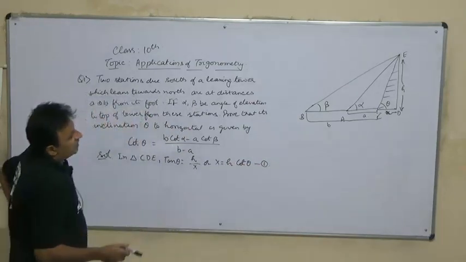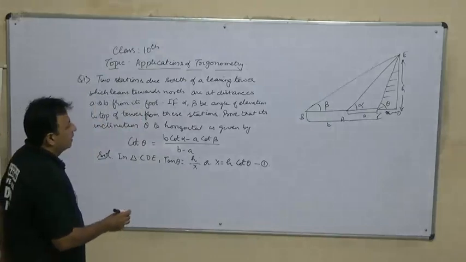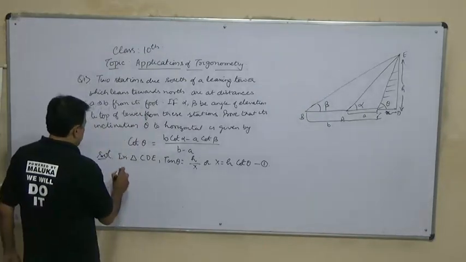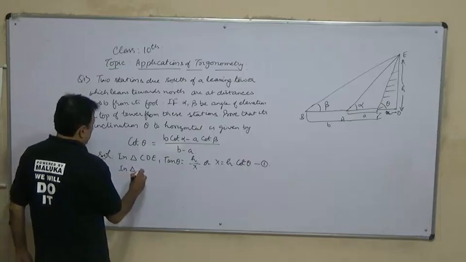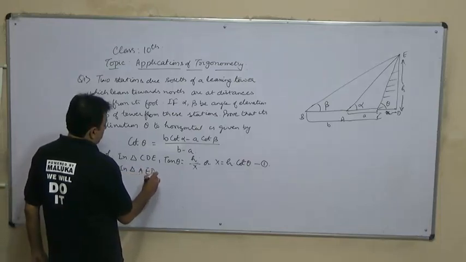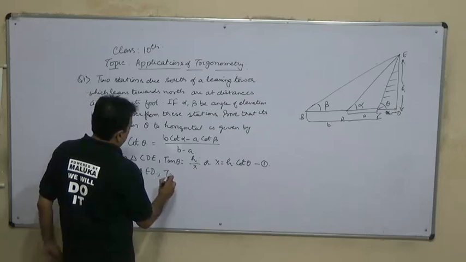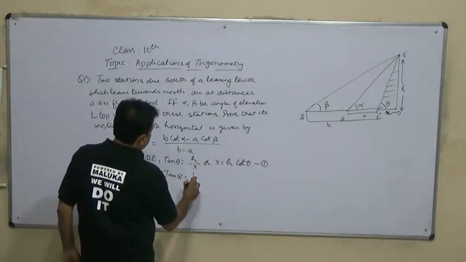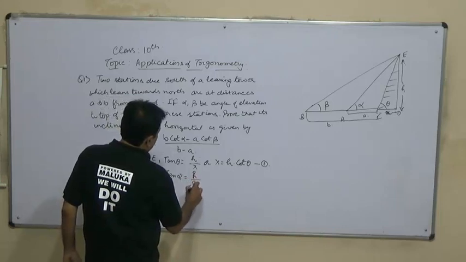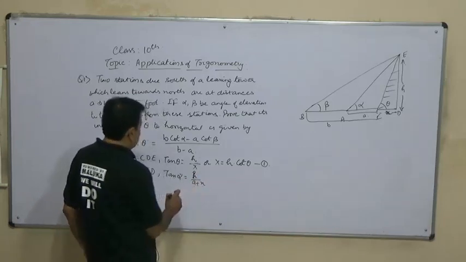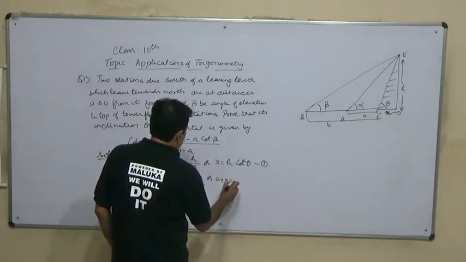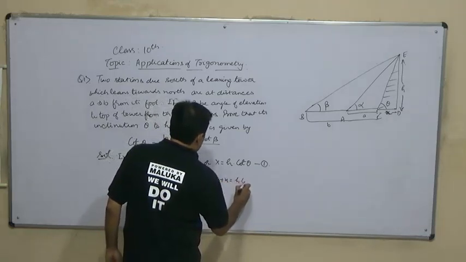Then we take the second triangle. In triangle AED, we have tangent alpha is equal to H upon A plus X, or we can say A plus X is equal to H cot alpha.